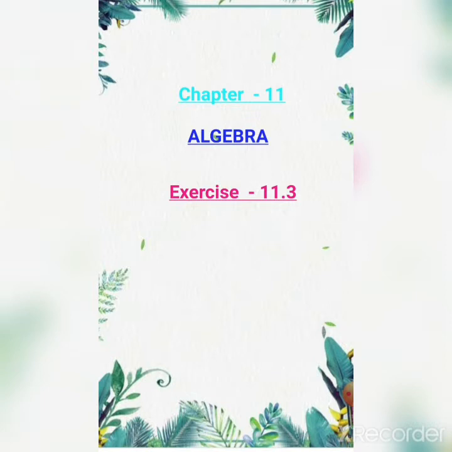Most of the questions of this exercise are based on it, and here question 1 and question number 6 are similar. That's why I am taking it together, and rest other questions I will be taking separately.